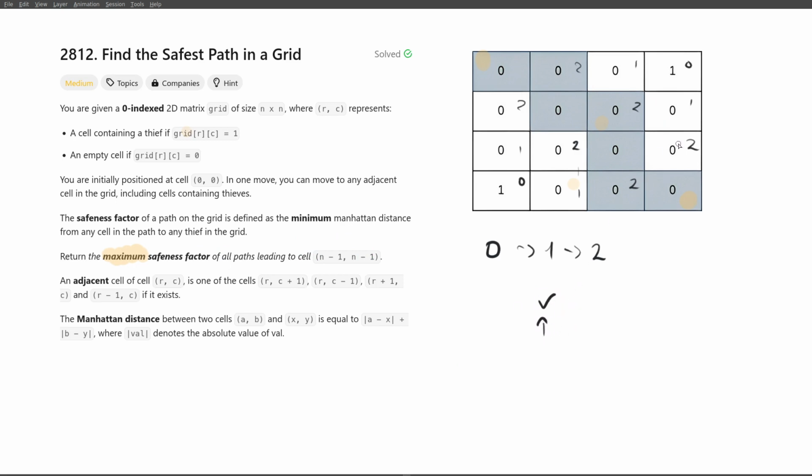And in this example, it will be equal to 2. It's impossible to do it in 3. It's impossible to do it with safeness 4, safeness 5, and so on. But it's possible to do it with safeness 1, safeness 0, and so on. It's, in this case, possible to do it with exactly those safenesses.